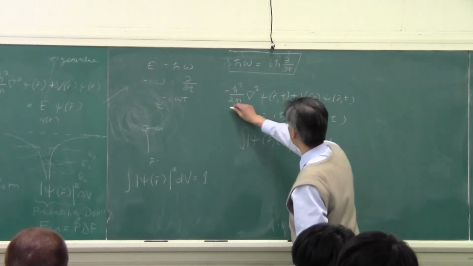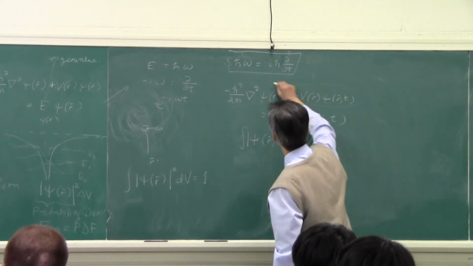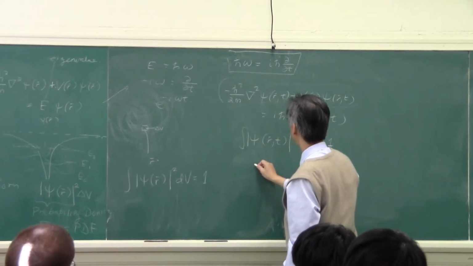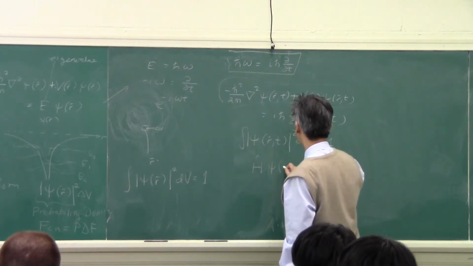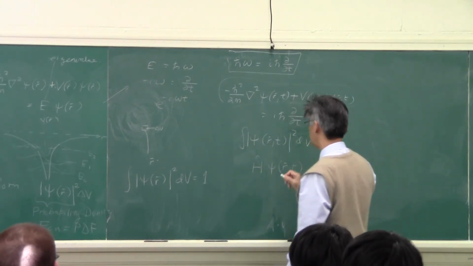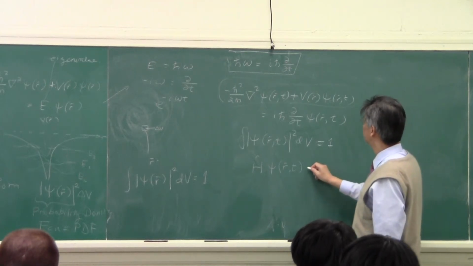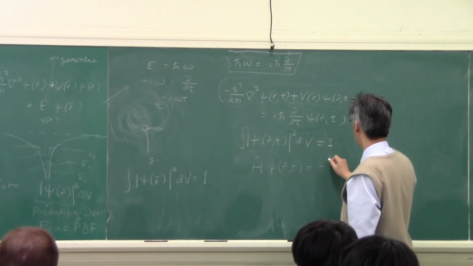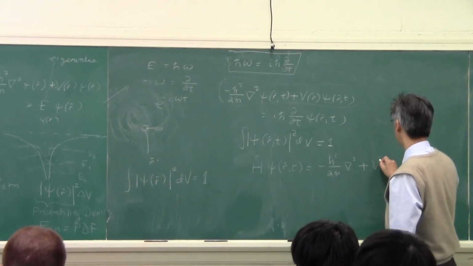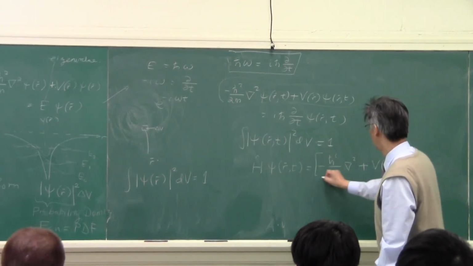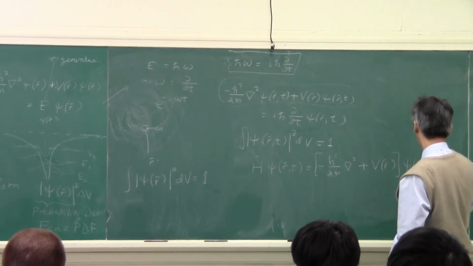If you think of this as an operator, some sort of an operator operating on psi of r,t, it is the same as minus h bar squared over 2m Laplacian plus V of r operating on psi of r,t.